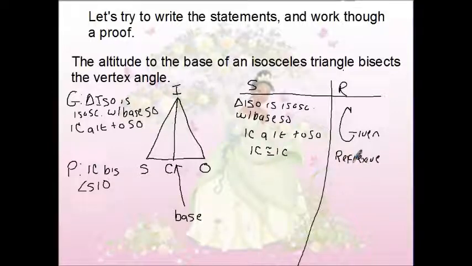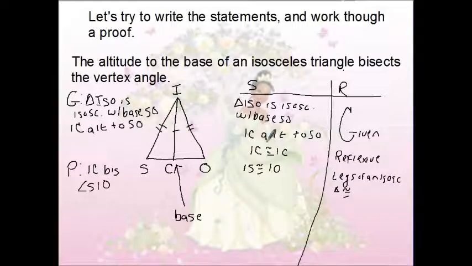If we know our triangle is isosceles, we know that its legs are congruent. IS is congruent to IO. The reason, legs of an isosceles triangle are congruent. Get them tick marks in there. Next, let's go off the altitudes.